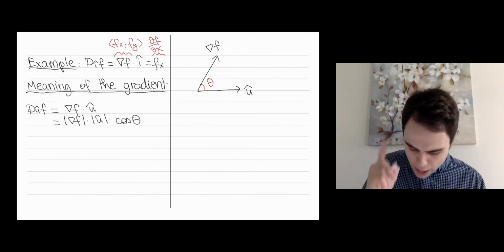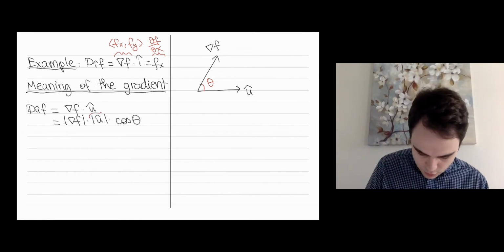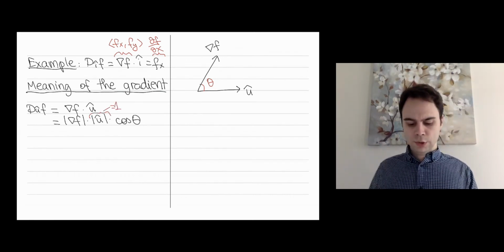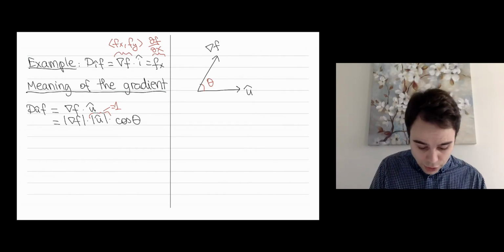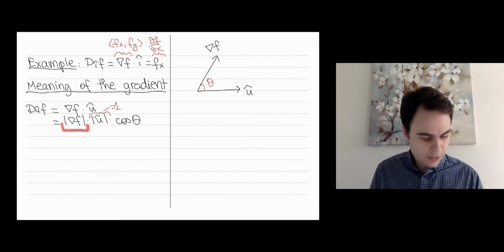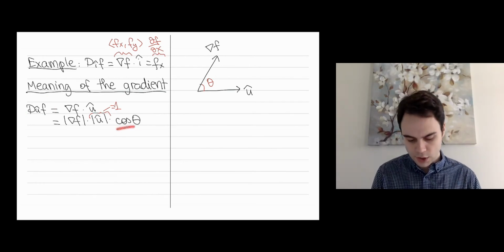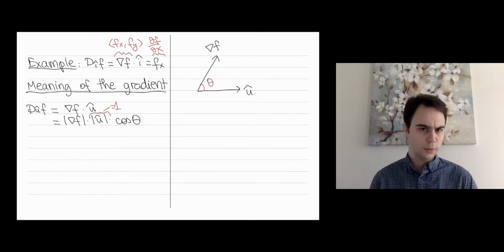Now here's something. u is a unit vector, so its length is just equal to 1. So the directional derivative is going to be the length of the gradient vector times a number, this cosine, a number between -1 and 1.